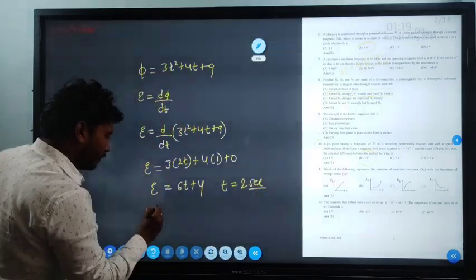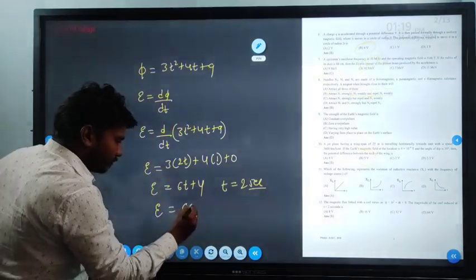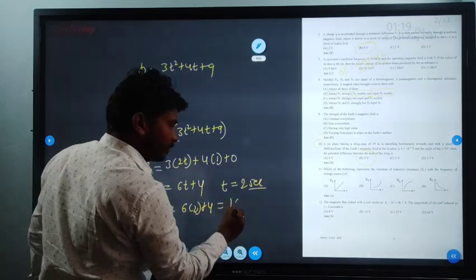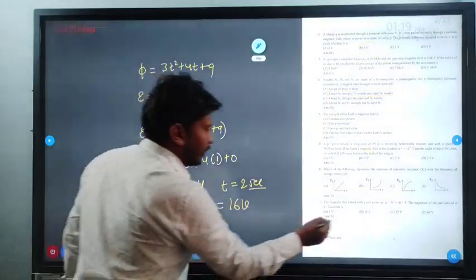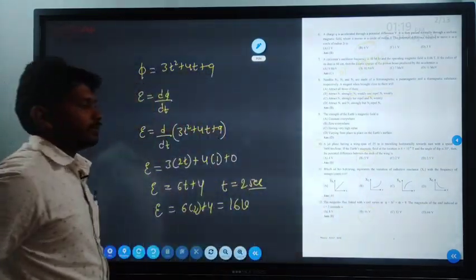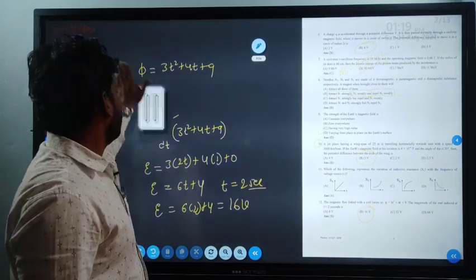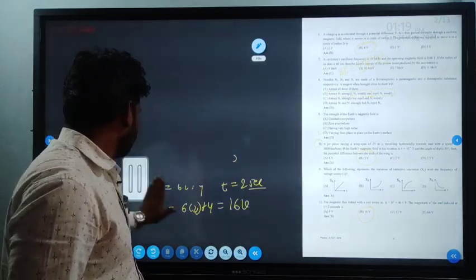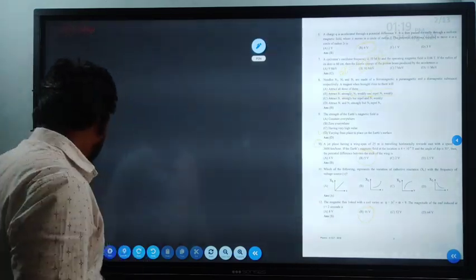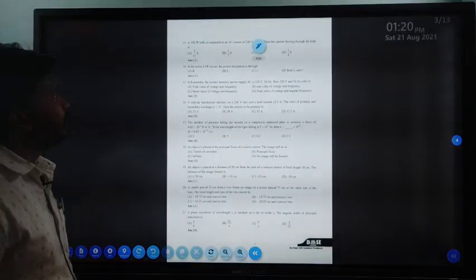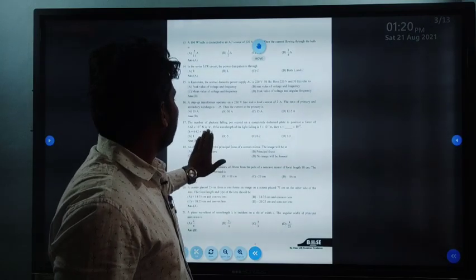At a time t is equal to 2 second, so 16 volt. What is the value here? So answer for the 12th question is 16 volt we shall consider, right? Then we'll go for that next one.